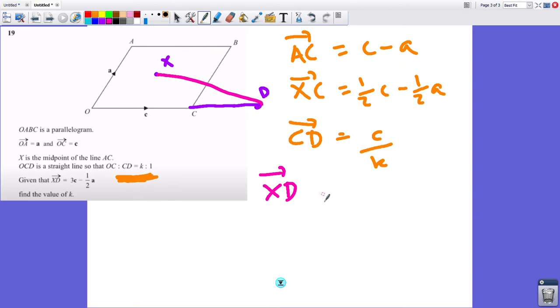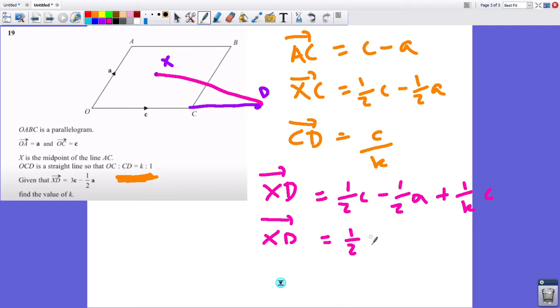So XD will be equal to XC, which is half C minus half A, like we found earlier, plus our vector for CD, which I'll write as 1 over K lots of C. So C over K is just the same thing as 1 over K lots of C. To make it easier for myself, I'll just group the C's and the A's together. So I can call this 1 over 2 plus 1 over K, brackets, lots of C, minus 1 over 2 lots of A.